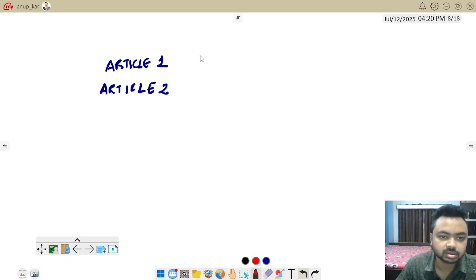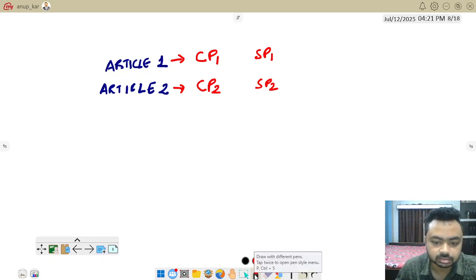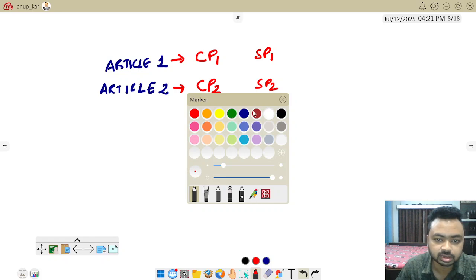We are buying article 1 at CP1 and article 2 at cost price CP2, selling article 1 at SP1 and article 2 at SP2. So these are the cost prices and selling prices of article 1 and article 2. There are three cases. Let me explain.